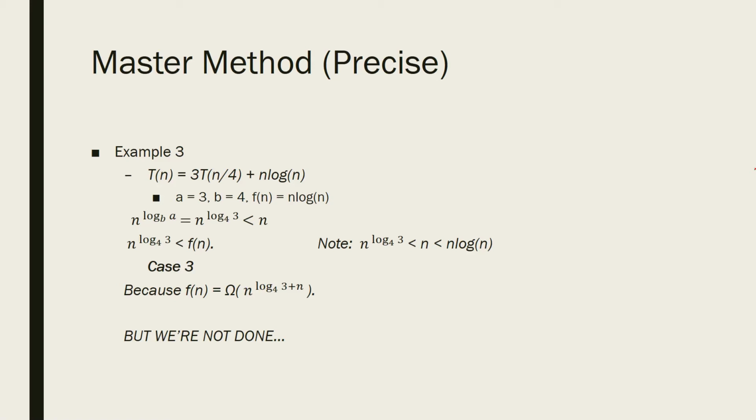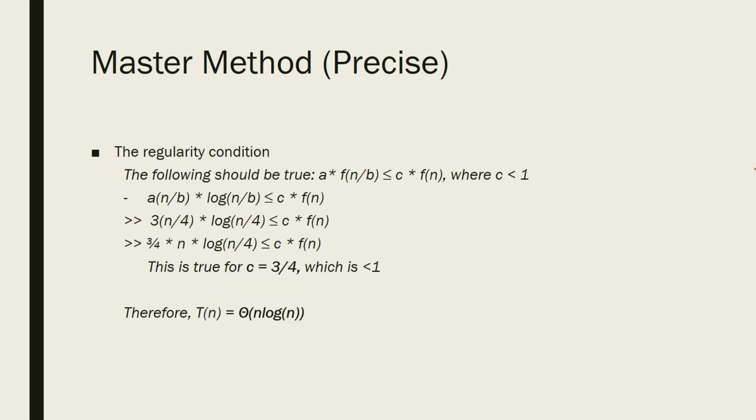Therefore, we have n to some value less than 1, which makes it less than n itself. And because n, or less than n, is less than n log n, this gives us case 3, where the recurrence relationship is growing at a slower rate than the initial f of n function. And because of this, we can write f of n equals big omega n to the log base 4 of 3 plus some epsilon. Sorry, that was supposed to be an epsilon, not an n.